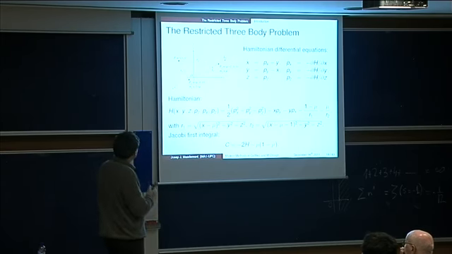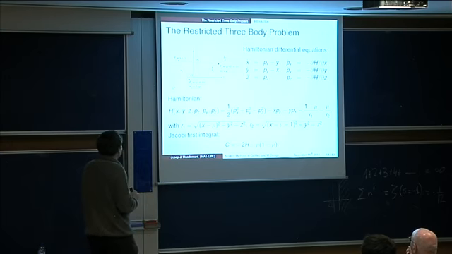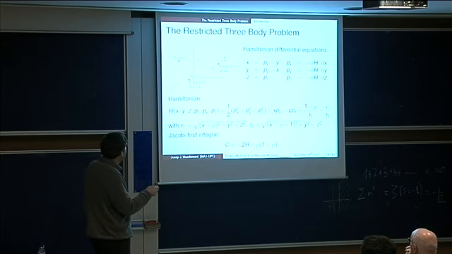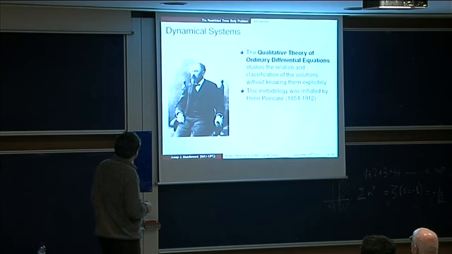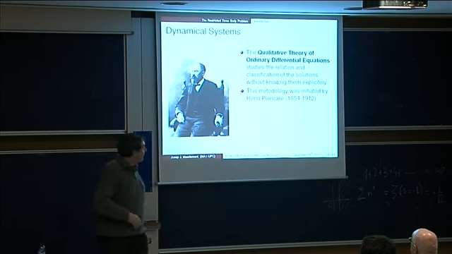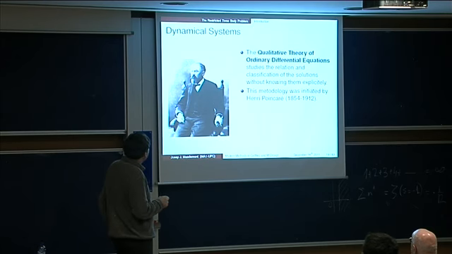of the equations. The restricted three-body problem also has a Hamiltonian representation. This is the Hamiltonian. And in fact, the Hamiltonian is the Jacobi constant, so in fact, they are the same. Well, another ingredient that we are going to use was initiated by Poincaré, the qualitative theory of ordinary differential equations.